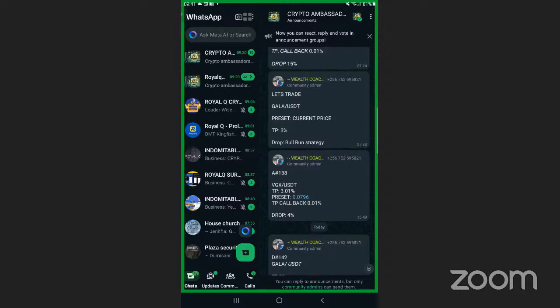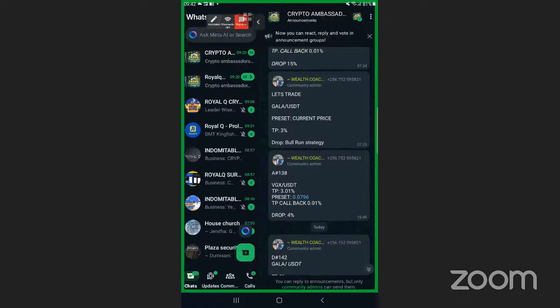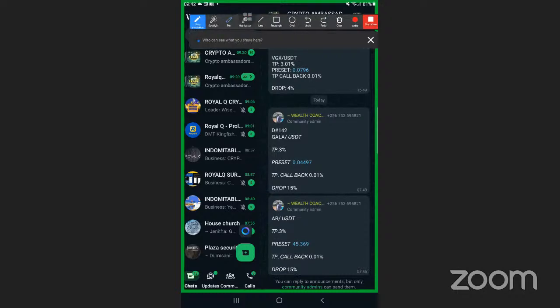Which one can we take? Let's take this one, but without the drop. We are going to use the bull run. Let's take this signal, which is right here, the last signal appearing here. Let's take this one, AR, with a take profit of 3%.